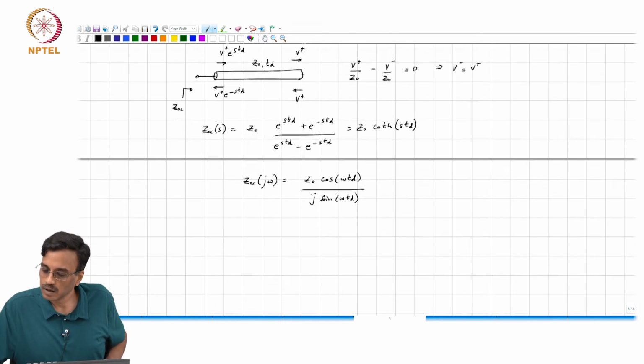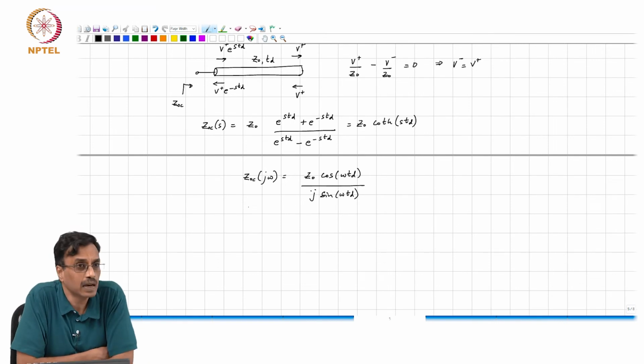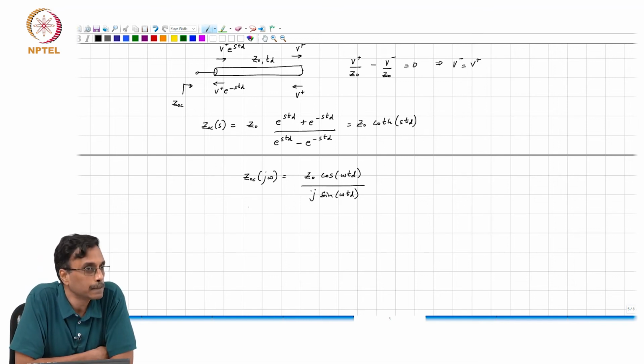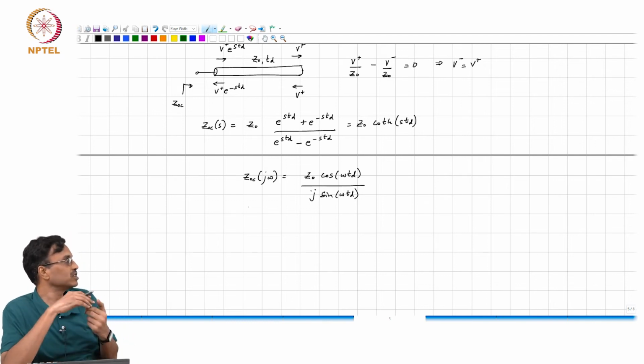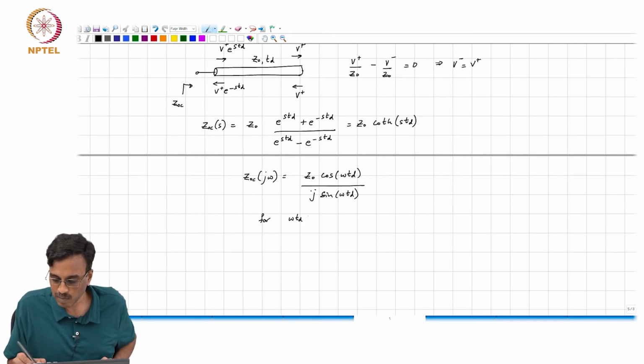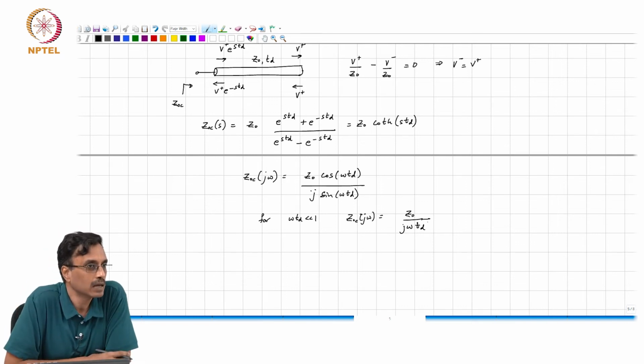Correct? So, at low frequency, a sanity check at DC, well, it is an open circuit and fortunately it does indeed turn out to be infinity, correct. So, at frequencies which are small, so for omega times TD much smaller than 1, the impedance is nothing but Z naught by j times omega TD, correct.